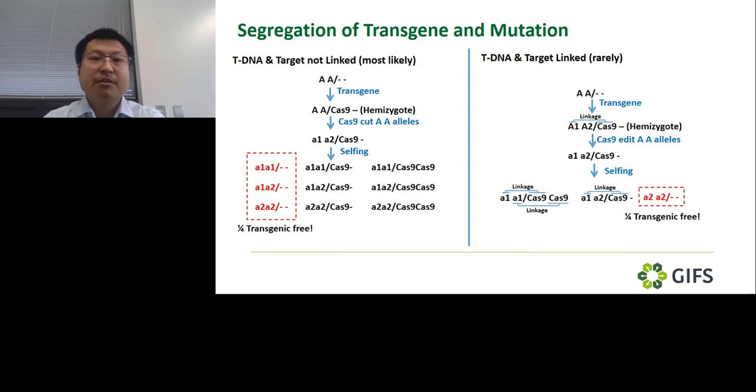The next interesting question, and also the powerful part of CRISPR, is that the target you designed is your target, of course, but the transgene cassette that will be integrated in the genome is random. That means they can be segregated from each other.